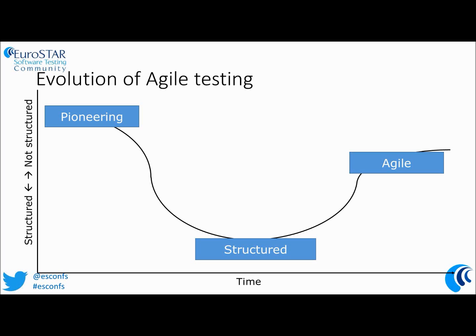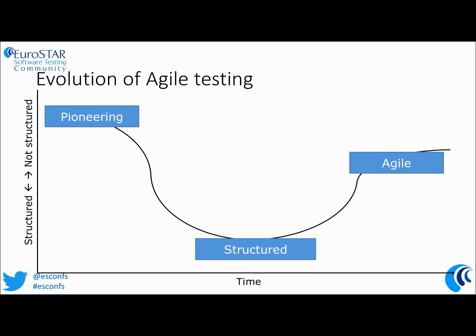And then later on in time we got to structuring. We got methods like TMAP, we had ISTQB, we had lots of process and methods and techniques that helped us to understand how to do testing, why to do testing, what to do with testing, and bringing structure in our process.